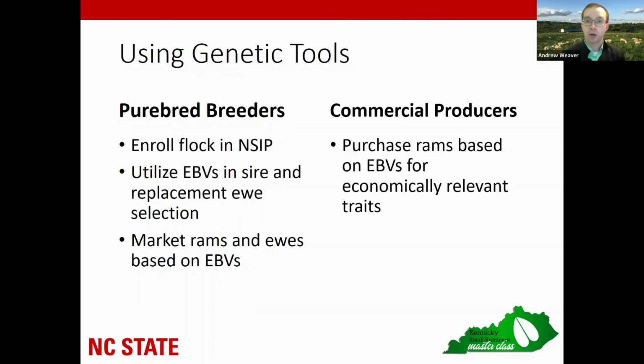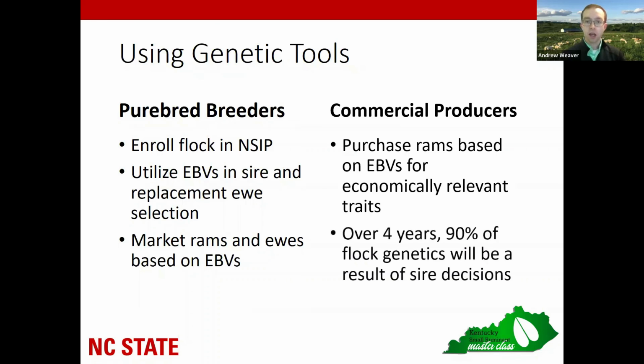If you use rams with strong EBVs for the traits you're interested in, after just 4 generations, most of the genetics in your flock will be representative of those EBVs anyway. So make sire decisions based on those EBVs, and in a relatively short period of time, you will observe the improvement in those economically relevant traits through just those sire decisions.